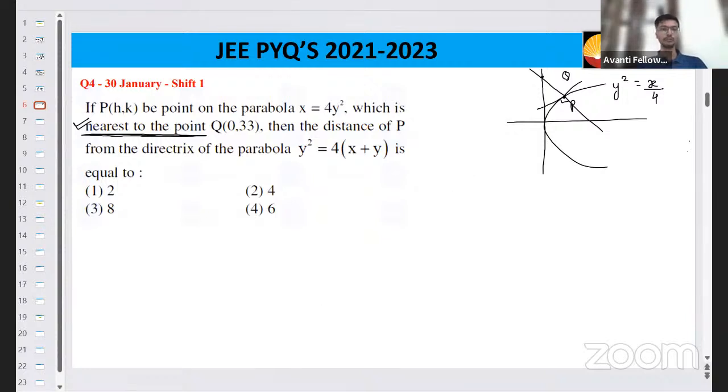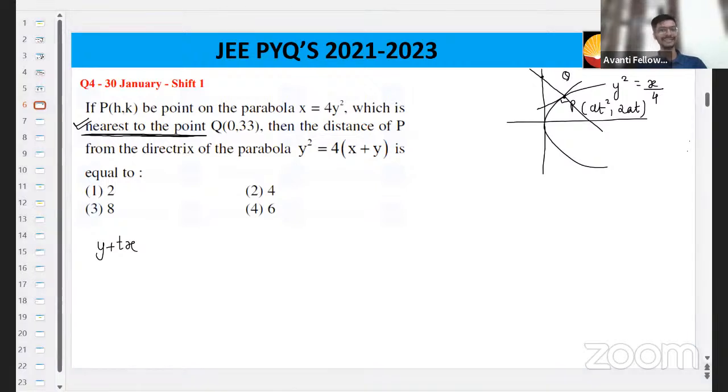Now, PQ is the normal. So I hope you know the coordinates of point P. How can we write the coordinates of point P in parametric form? at square, comma 2at. What will be the equation of the normal at point P? It is y, let me write it here, y plus tx is equal to 2at plus at cube. Do you remember it?